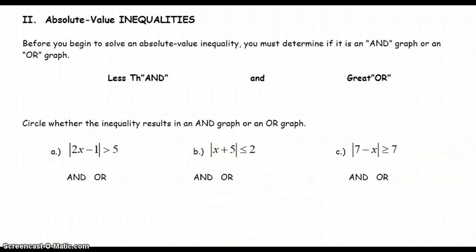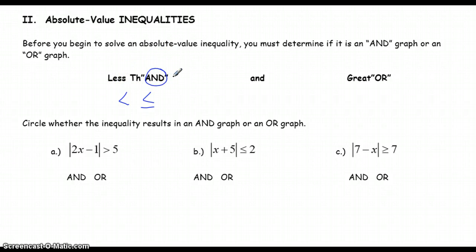Let's get started with absolute value inequalities. Before we can begin to solve an absolute value inequality, you must determine if it is an AND graph or an OR graph. To do this, we look at the inequality symbol at the beginning of the problem. If the symbol is a less than symbol or a less than or equal to symbol, we can try and remember this little helpful phrase, less than.